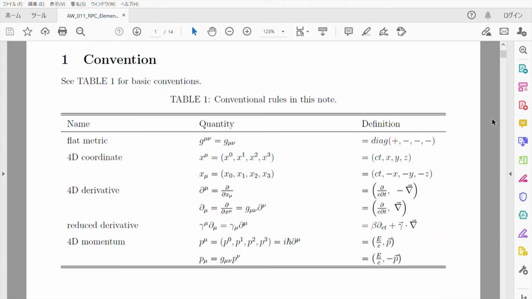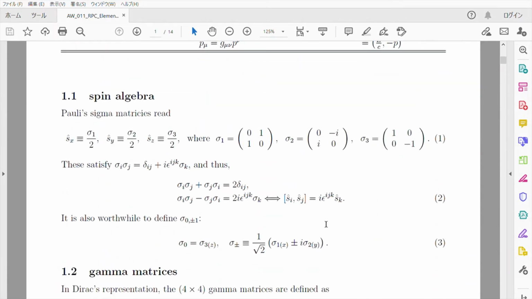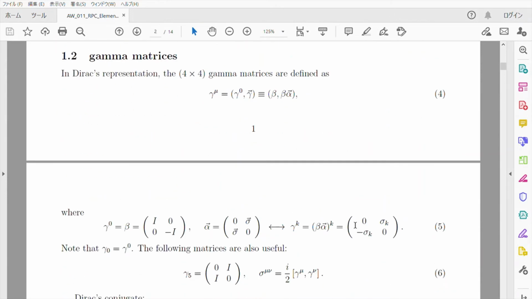So first, let me introduce my convention for the Dirac formalism here in table 1. First, I utilize these flat metric matrices of plus, minus, minus, minus, and the coordinate and derivative terms are given as this. And I employ the well-known sigma matrices for spin algebra and also the gamma matrices.